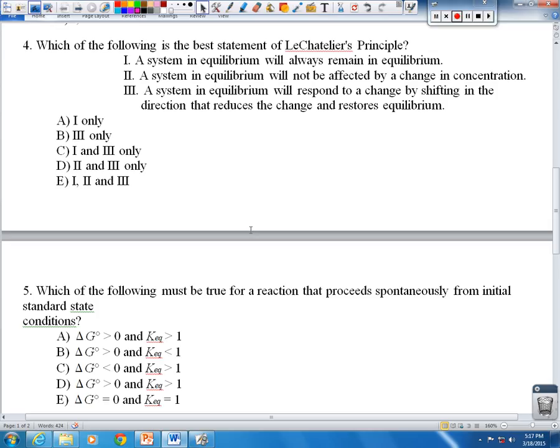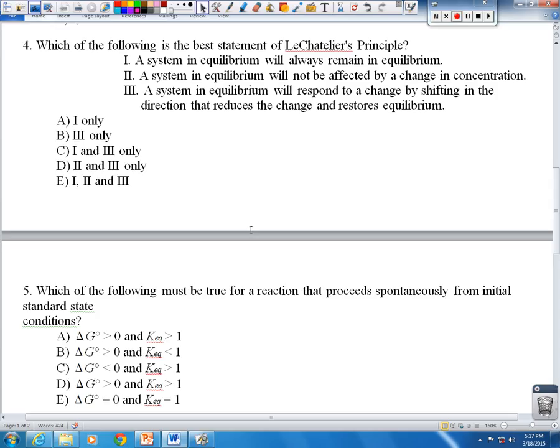Which of the following is the best statement of Le Chatelier's principle? A system in equilibrium will always remain in equilibrium. No. A system in equilibrium will not be affected by a change in concentration. Definitely not. A system in equilibrium will respond to a change by shifting in the direction that reduces the change and restores equilibrium.